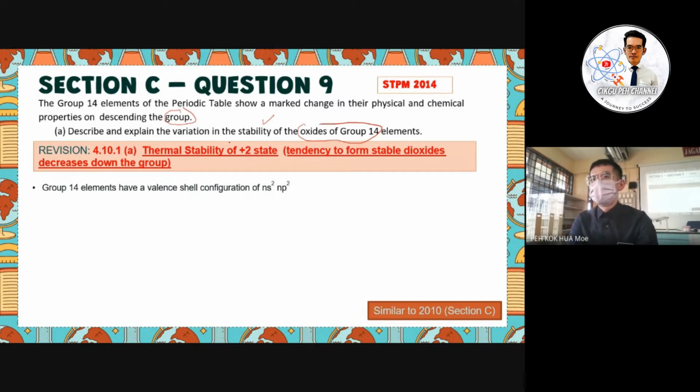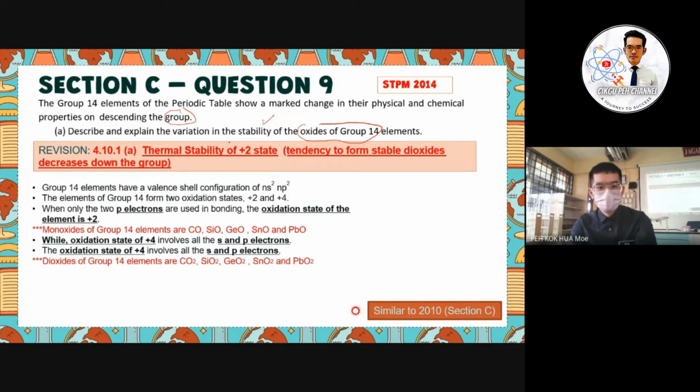A general statement can be stated at the front, especially when the question discusses the trend, the whole group. Here you can see group 14 elements have 2 oxidation states, +2 and +4. Why can they be +2? Because they only use the 2 electrons in the p orbital.